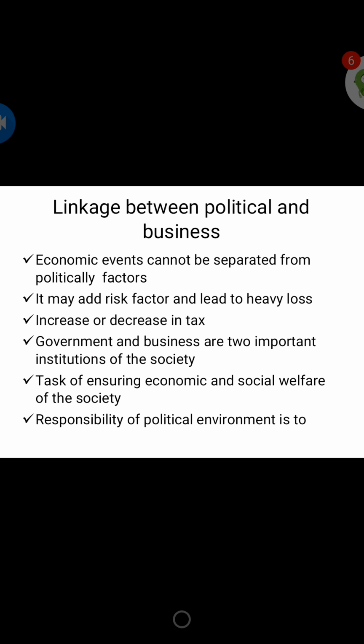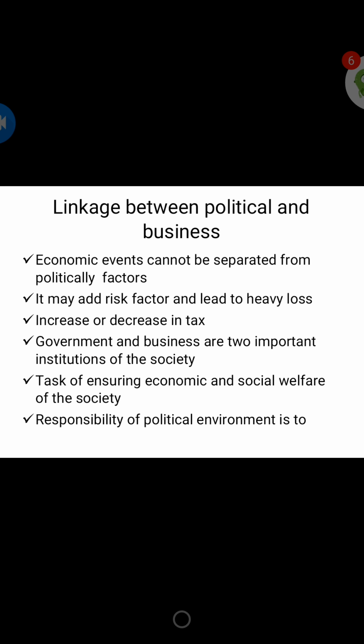The political environment can impact the business organization in many ways. As I said, it could add risk and lead to major loss. You should understand that political factors have the power to change the result.